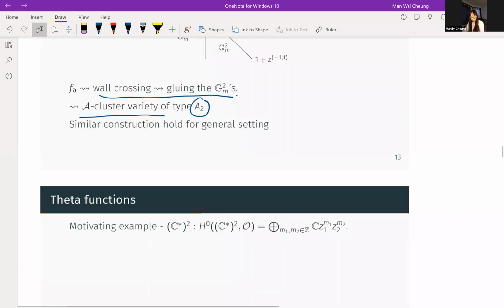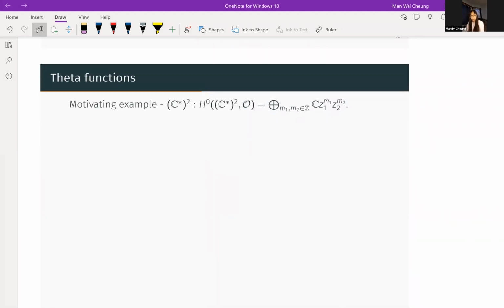As we mentioned in the Gross-Hacking-Keel mirror construction, the other ingredient we need is this theta function. The motivation, if you are not used to it: if we just look at the torus, the coordinate ring can be generated by the toric monomials, where the monomials are indexed by the Z^2 lattice.